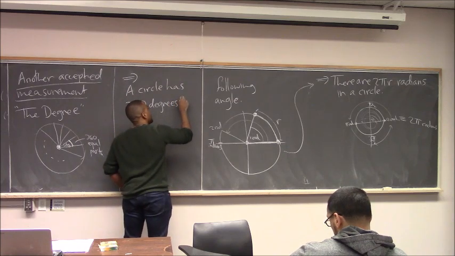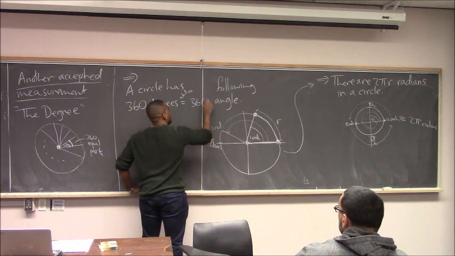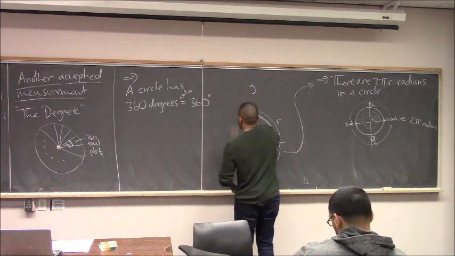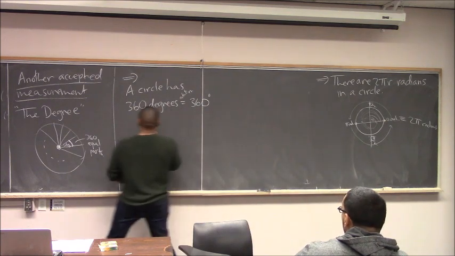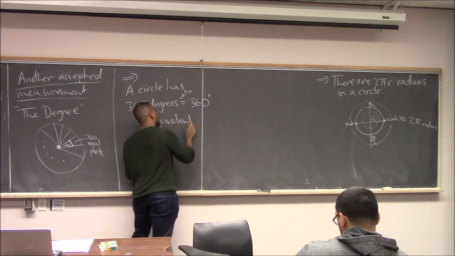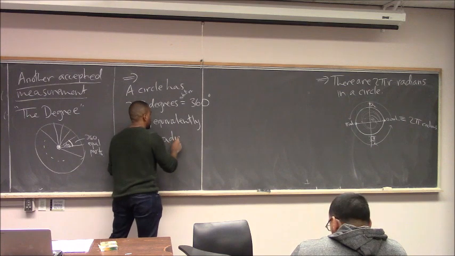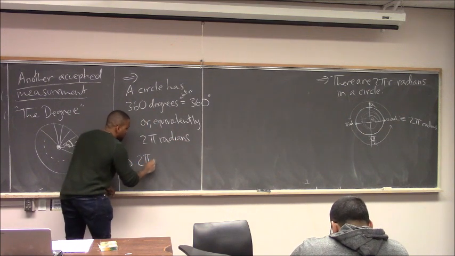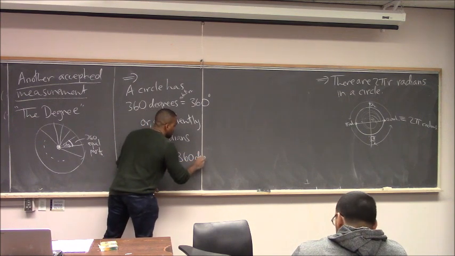By the way, the notation for that is 360 with a little circle in the power here. Or equivalently, 2 pi radians. Of course, this would mean that 2 pi radians is equal to 360 degrees.